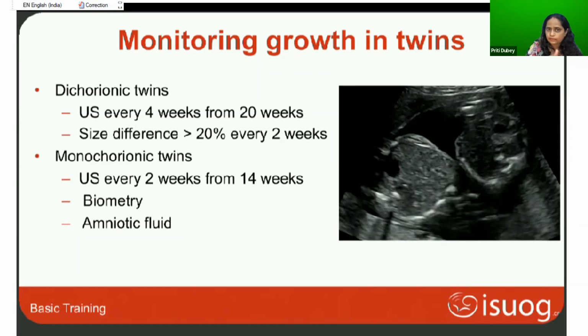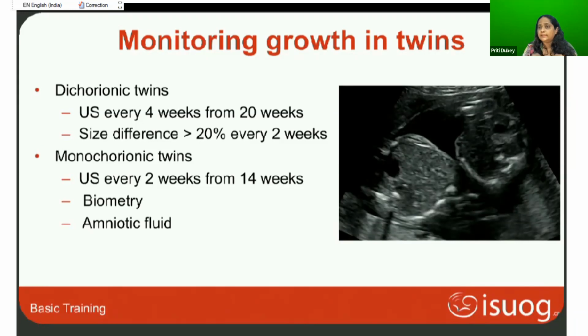If there is a dichorionic twin and there is no discrepancy between the CRL of the two fetuses, then we need to follow up these DCDA twins directly at 20 weeks for the anomaly scan, and thereafter every 4 weeks till the baby delivers, because the complications are less in dichorionic diamniotic twins.